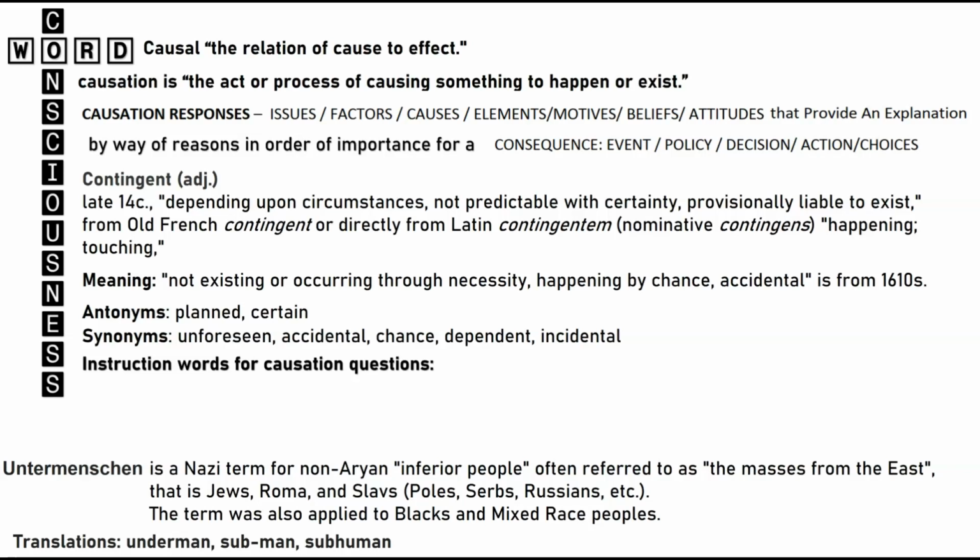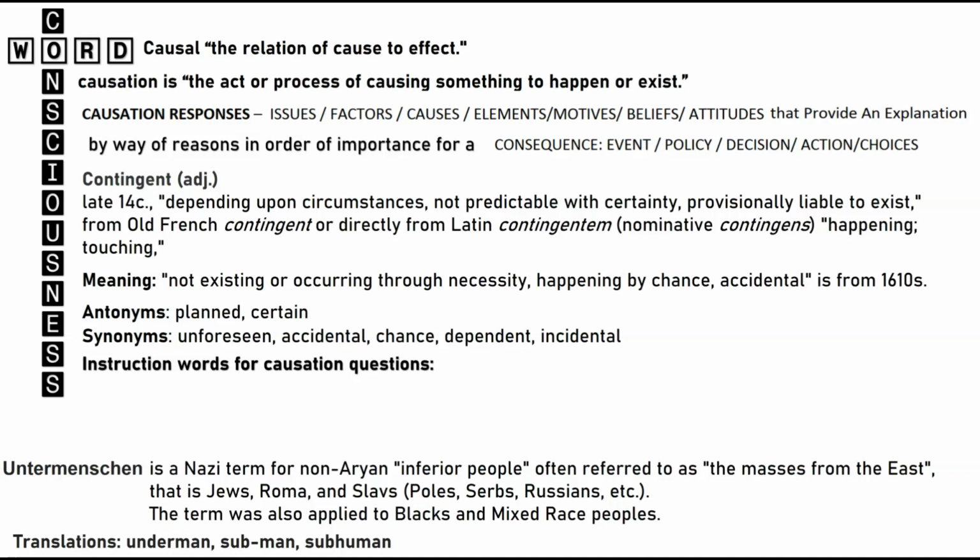Contingent, that's very important because in causal responses, there are incidental or unforeseen events that happen that can cause an event.